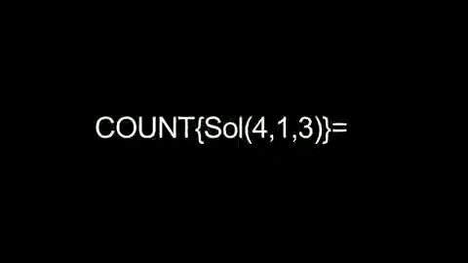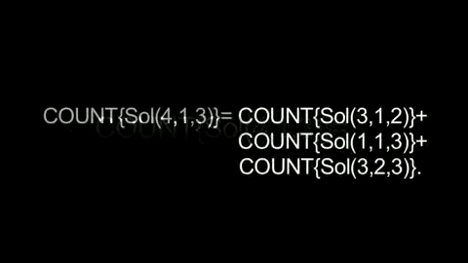So we can take the recursive equation that we had last time and put a count in front of each of the 3 terms on this side and in front of this term on this side. Okay? So we then get, and you see it on your screen right now, the following equation that says count for the n equals 4 problem, moving all 4 disks from tower 1 to tower 3, equals the sum of 3 other counts.